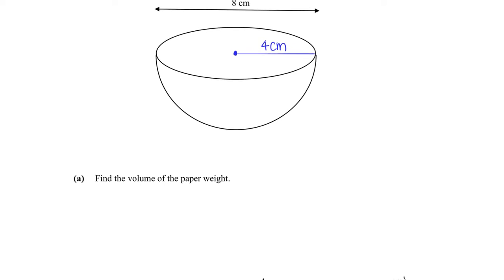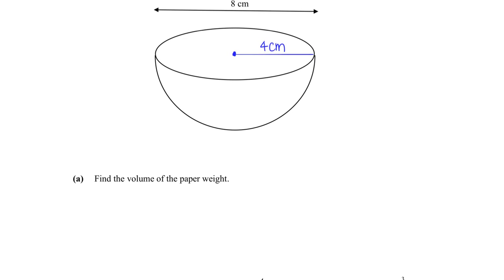So therefore, the volume in this case would be equal to half of 4 over 3 pi r cubed.